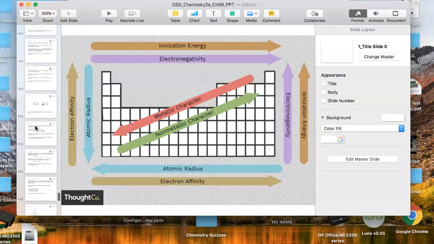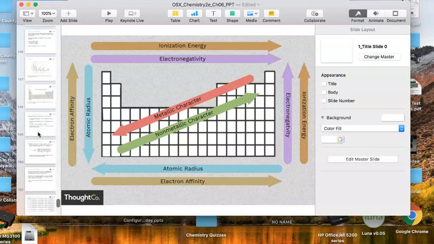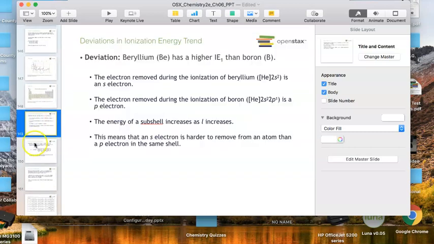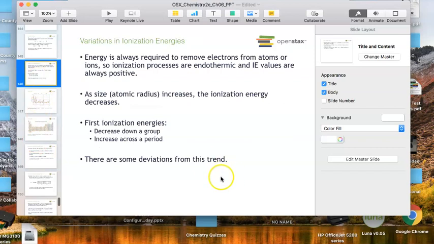All right, so knowing that, let's see where we are here. So first ionization energies, they decrease down a group, they increase across the period. There are some deviations to this trend, and they're just talking about first ionization energies. What about second or third? That becomes more complicated.